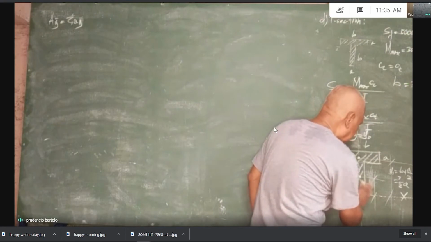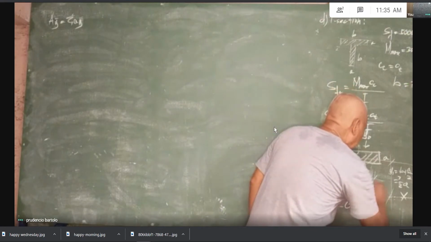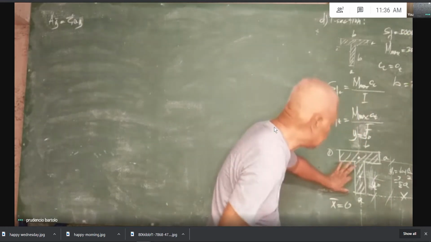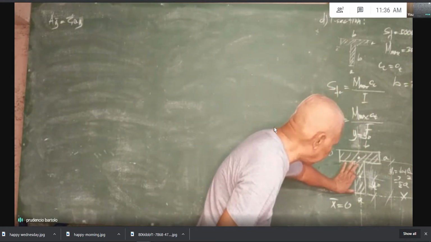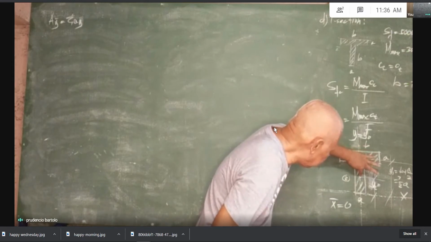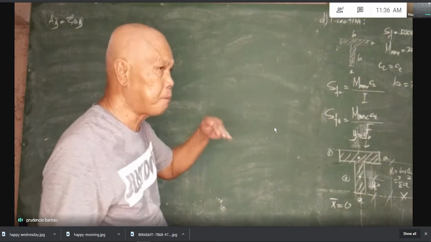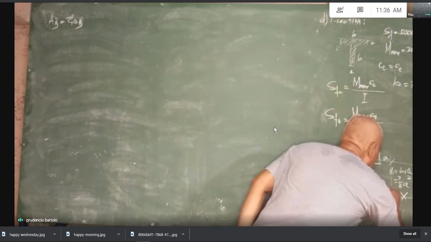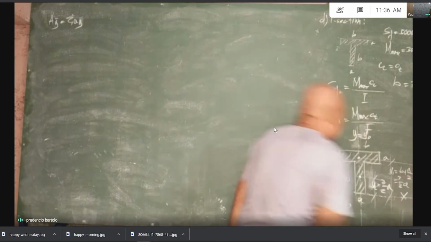For the second figure, y sub 2 is equal to, from this point to this point, half of b, or 3 over 2 a.